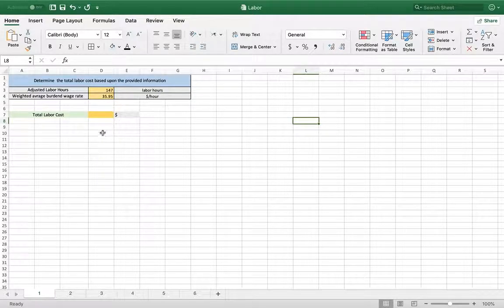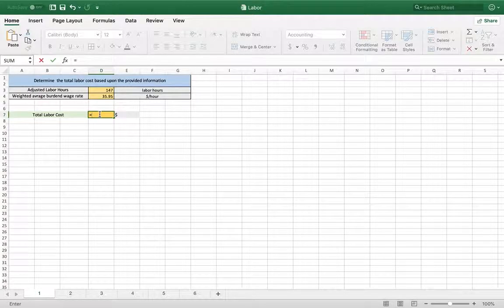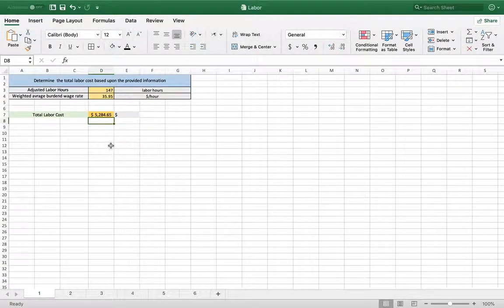So to find total labor cost, we're gonna do equal, we're gonna multiply adjusted labor hours by weighted average burden wage rate, then we're gonna get 5,284. That's the total labor cost.